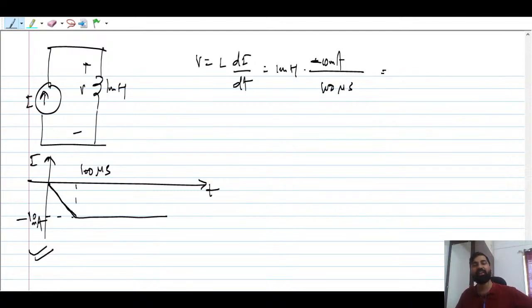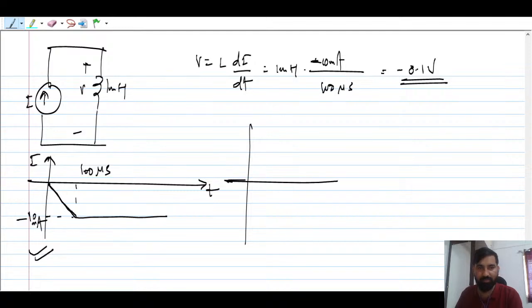Derivative stands for slope in mathematics, so your math should be correct. So you will get minus 0.1 volt. You can plot it now: initially it will be 0, then it is like this, and after that it will be 0 again.